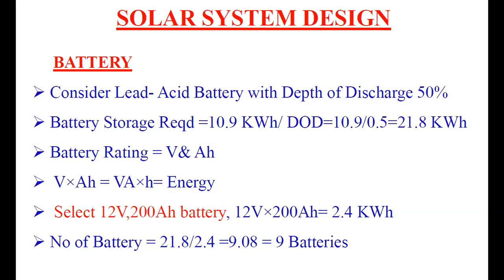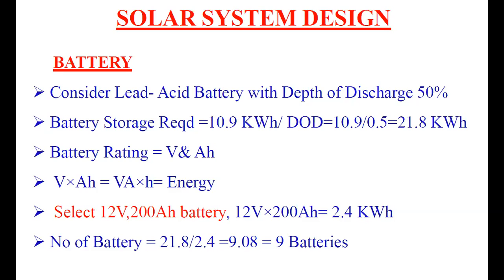Similarly, here the energy required is 10.9 kWh and the depth of discharge is 50%. So the battery has to be selected in such a way that the stored energy will be the energy required divided by the depth of discharge, that is 10.9 by 0.5, that is 21.8 kWh.